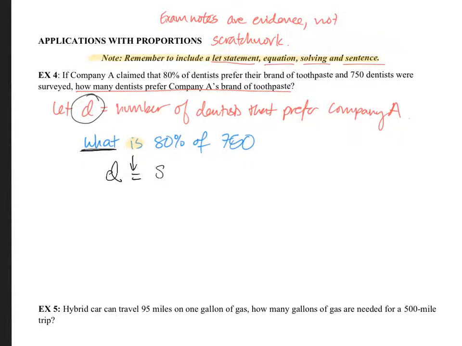So D equals, and remember we have to translate the 80% into 80 over 100, or you could use a decimal. You know, in fact, let's go ahead with a decimal. Why not? Okay, so the decimal is going to be 0.8. Of in math translates to multiplication and 750. All right, so you can go ahead and calculate that out. Let me check my calculator.